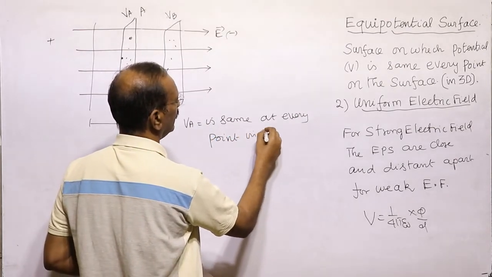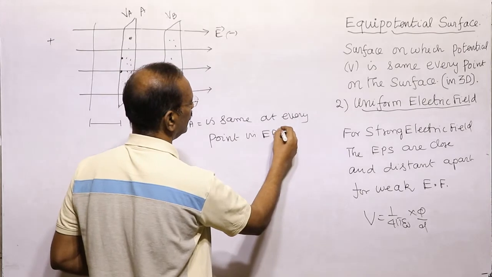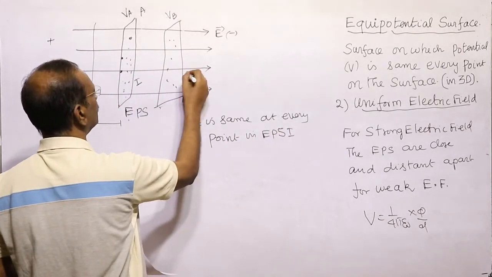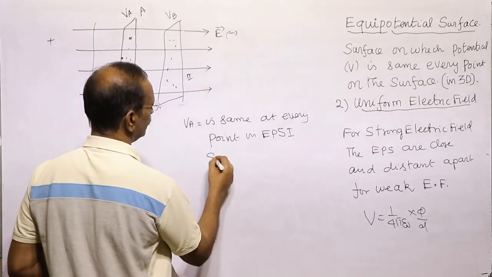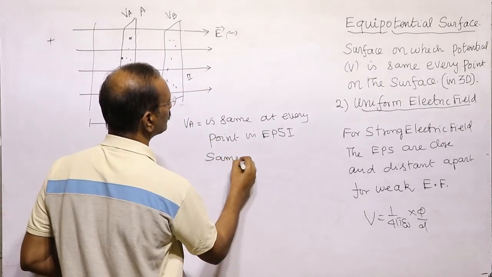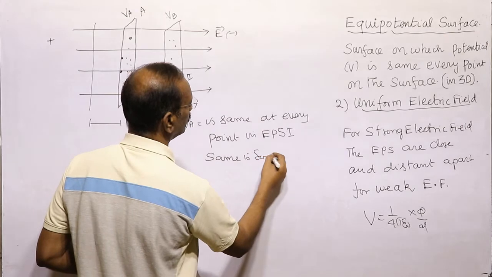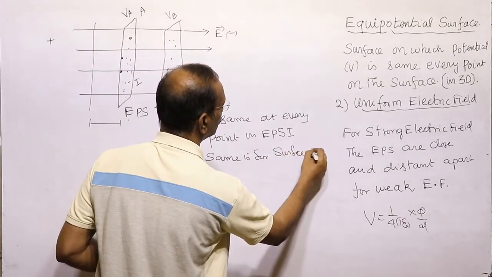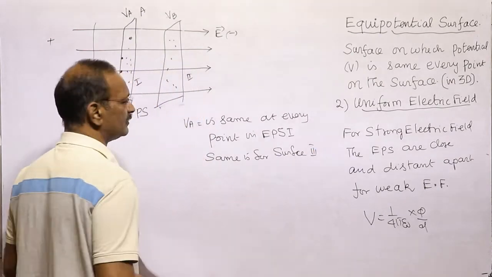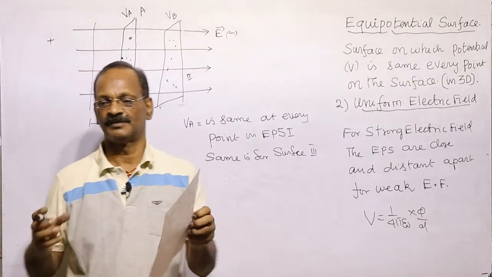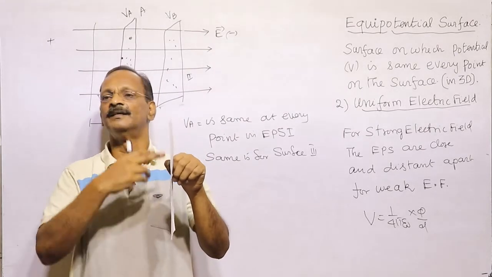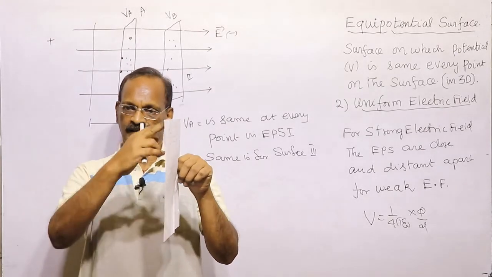in equipotential surface 1. This is 1, this is 2, and the same is true for equipotential surface 2, and the same is true for 3 also, and so on. Because suppose from here this equipotential surface will be a rectangle.